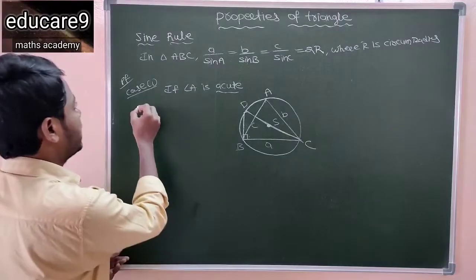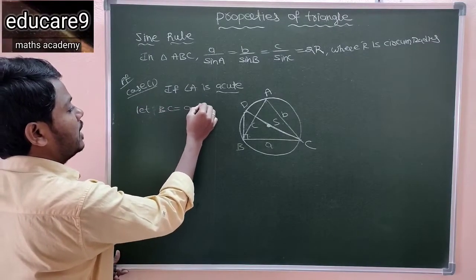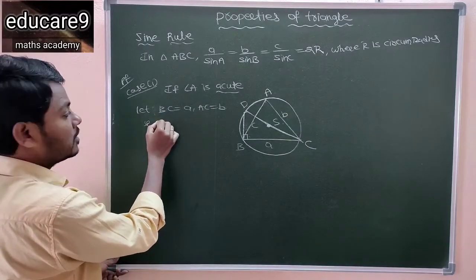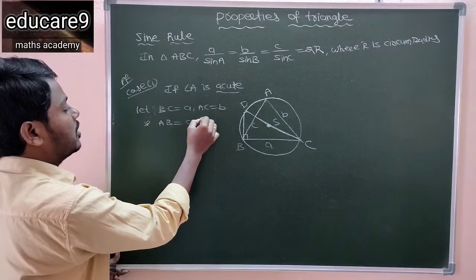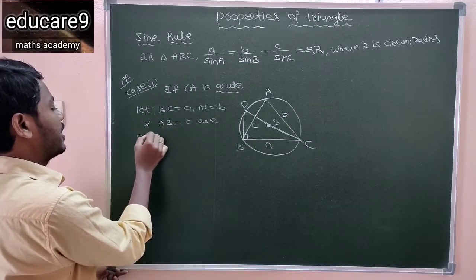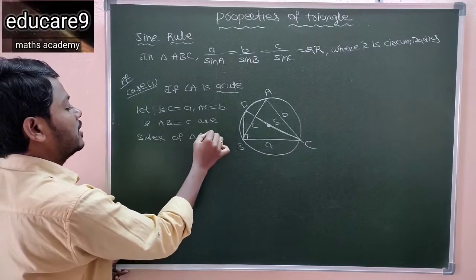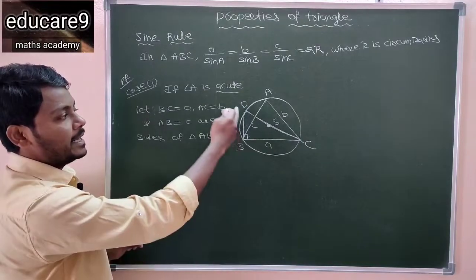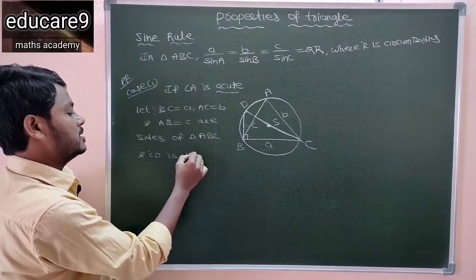Let BC be equal to small a, AC equal to small b, and AB equal to small c, the sides of triangle ABC. And CD is the diameter.